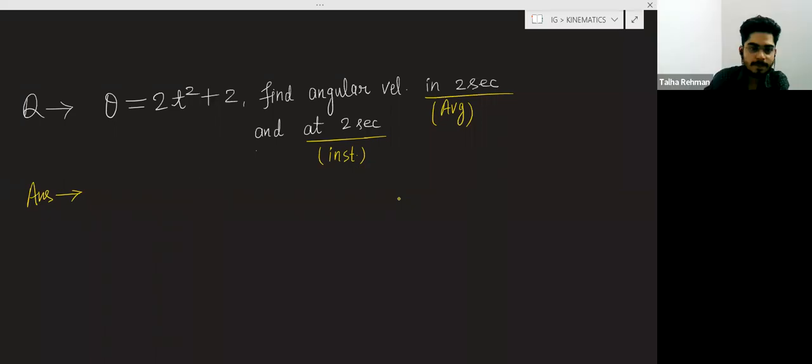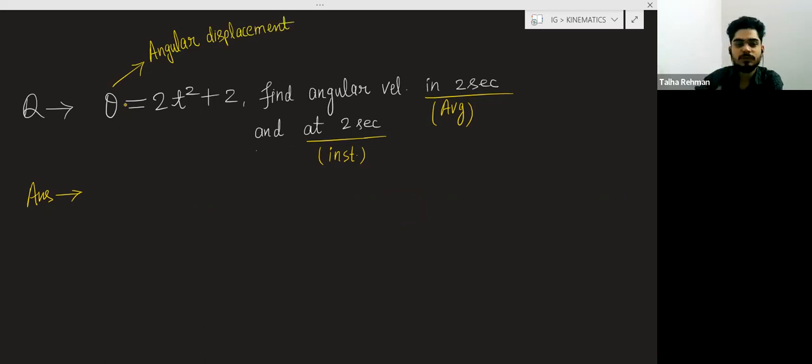Now see, angular displacement. What is theta? I have told you, theta was the angular displacement. And t is the time.